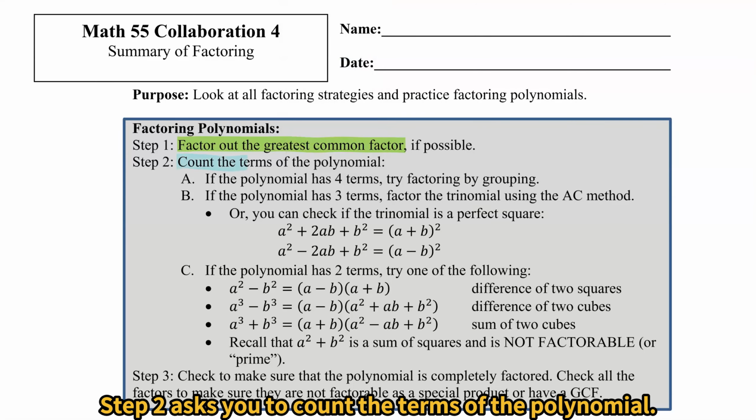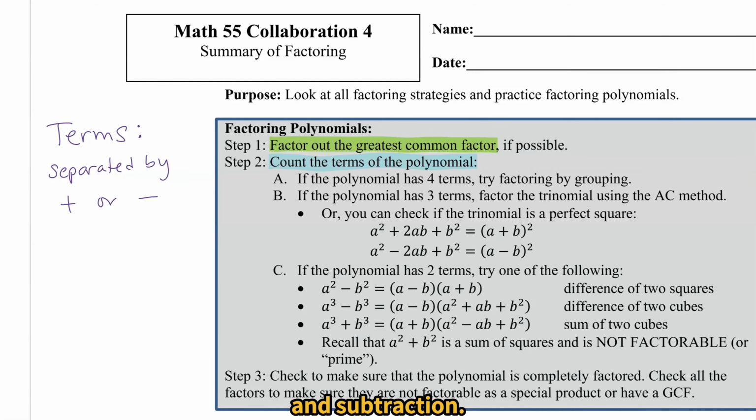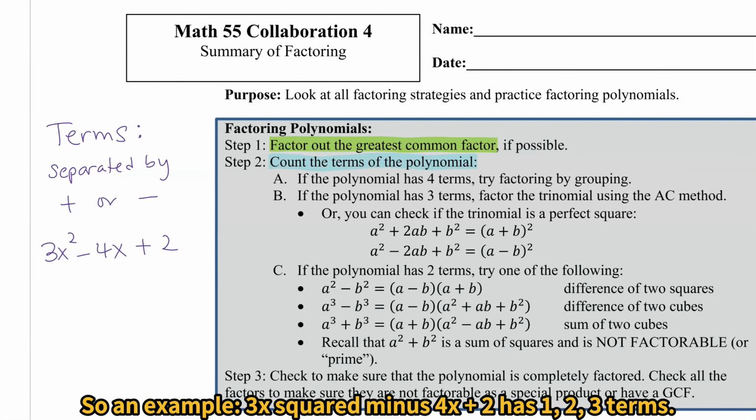Step 2 asks you to count the terms of the polynomial. Remember that terms are separated by addition and subtraction. For example, 3x squared minus 4x plus 2 has 1, 2, 3 terms.